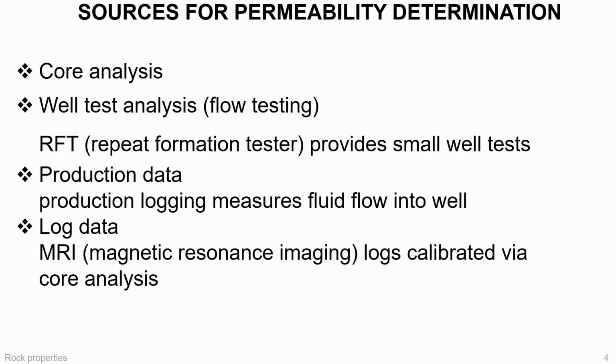Key message: permeability is highly variable. It is one of the hardest properties to predict, so engineers use multiple lines of evidence.